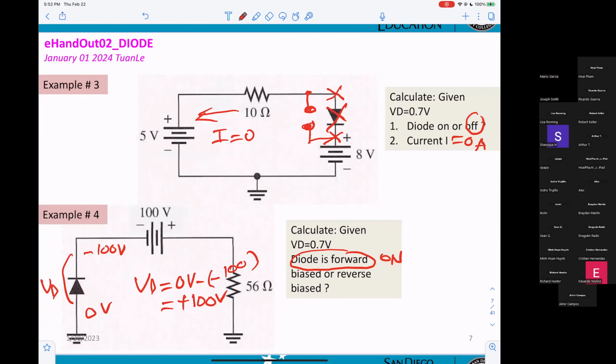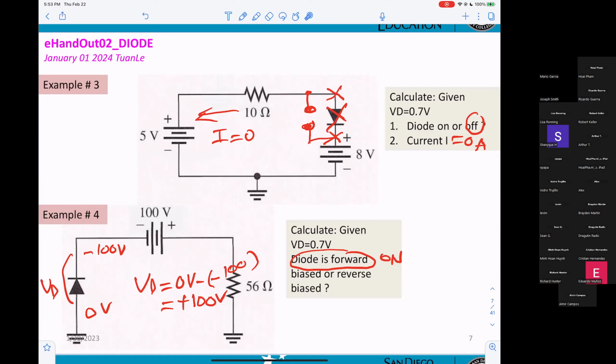They've already given you on this side minus 100 volt, correct? Yes. On the other side, ground, 0 volt. Then you do a calculation. VD equals the difference between the anode and the cathode: 0 minus minus 100. You get 100 volt, which is higher than 0.7.